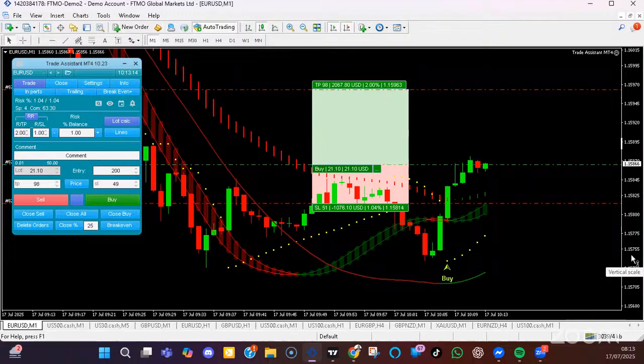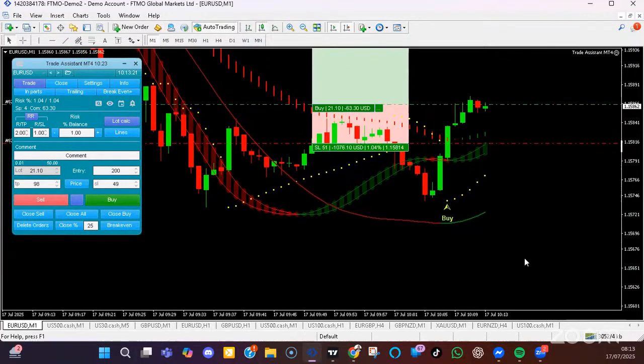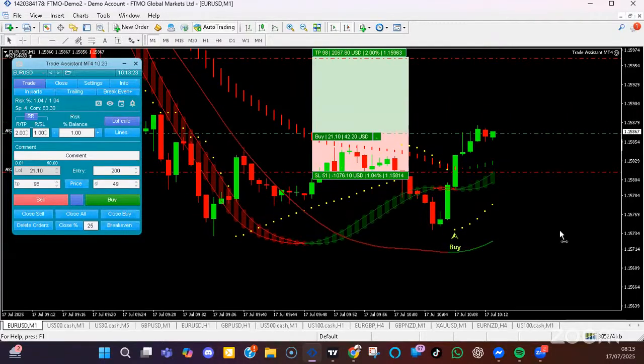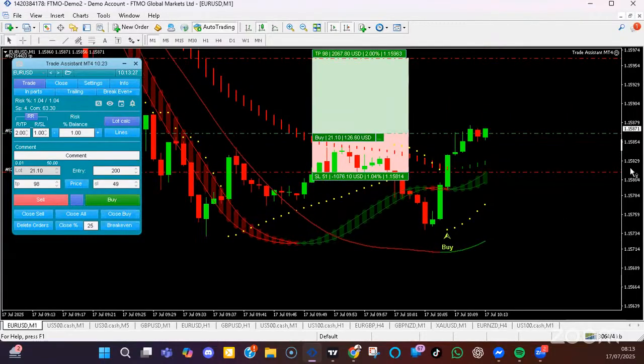So we'll have to wait and see what happens with this. The thing is, we've got imbalance here as well that needs to be filled, and also they've got buy orders down here. So they're riding on the dollar, losing a little bit at the moment, which is gaining strength on the euro.